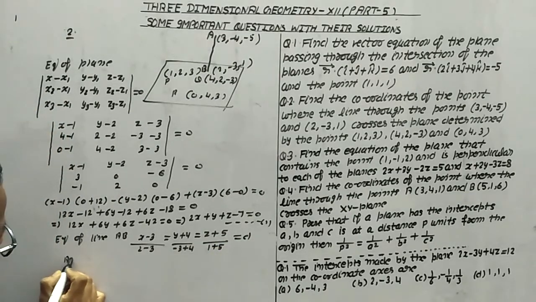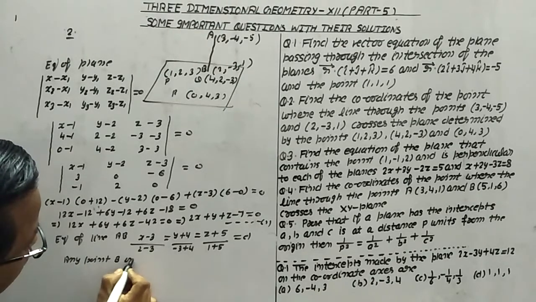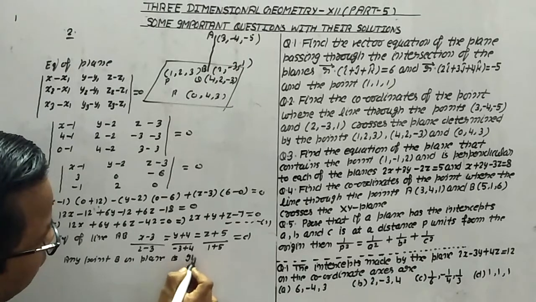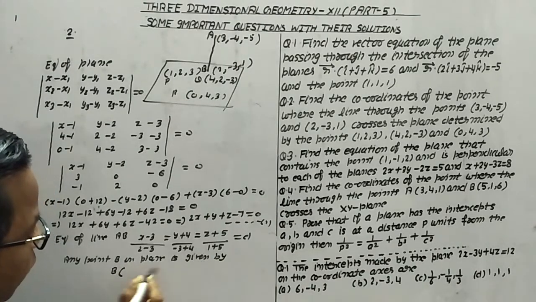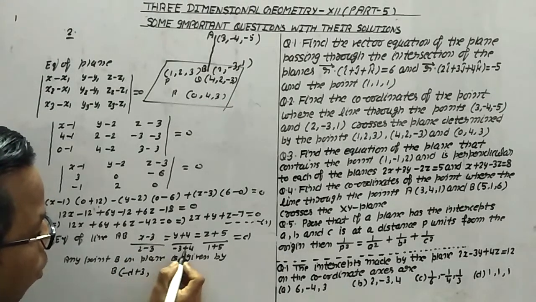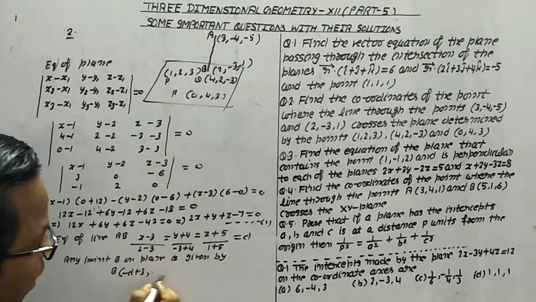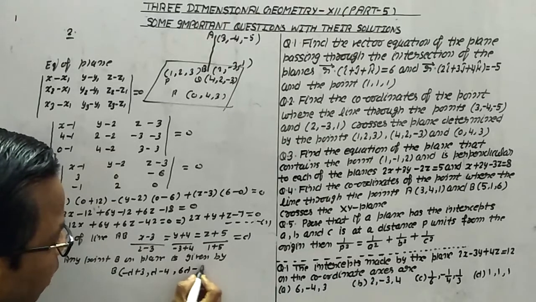Therefore any point B on the plane is given by minus lambda plus 3 comma lambda minus 4 comma 6 lambda minus 5.